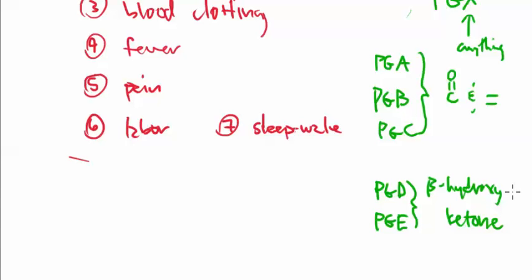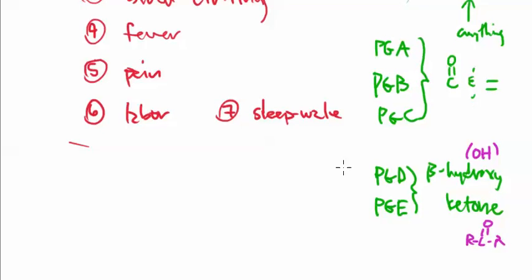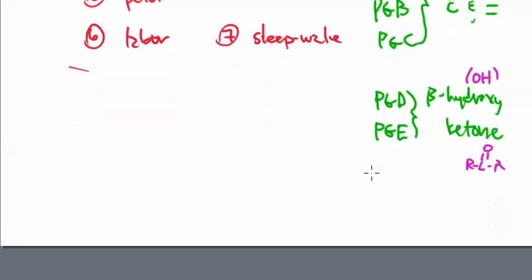Alpha carbon, beta carbon. I should be able to pick out the beta carbon. Hydroxy is going to represent the OH group, so hopefully I didn't have to say that, but just in case, hydroxy is OH. And of course ketone, hopefully I don't have to say that either, but ketone is this carbonyl that's sandwiched in between two carbons. So PGD and PGE, that's the group that we will see that will tag along with it: beta hydroxys and ketones.